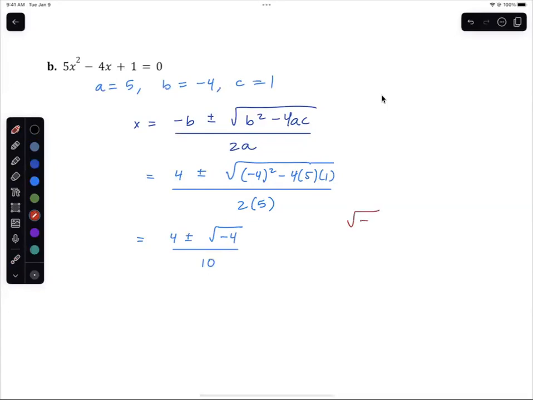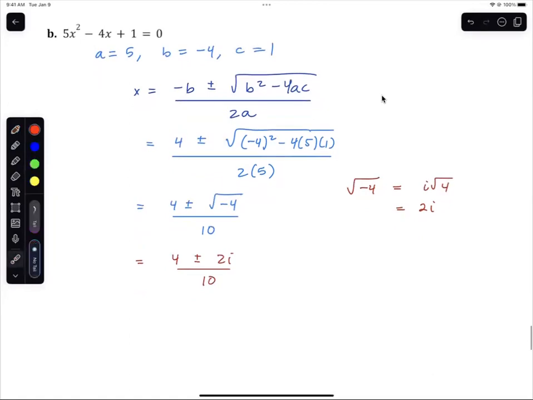Square root of negative 4 is the same thing as i square root of 4, and the square root of 4 is 2. So this is 2i. So this is going to be 4 plus or minus 2i all over 10. Okay, before I split this apart, I notice that 4, 2, and 10 are all divisible by 2. So I can break this down as 2 plus or minus i over 5.